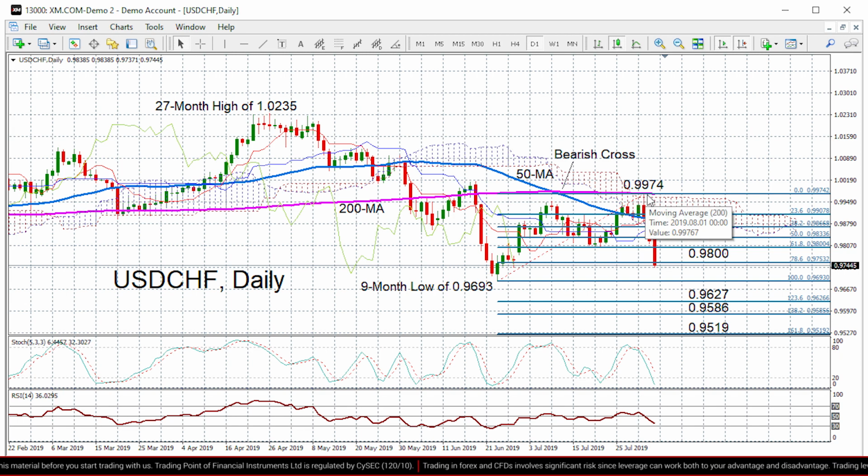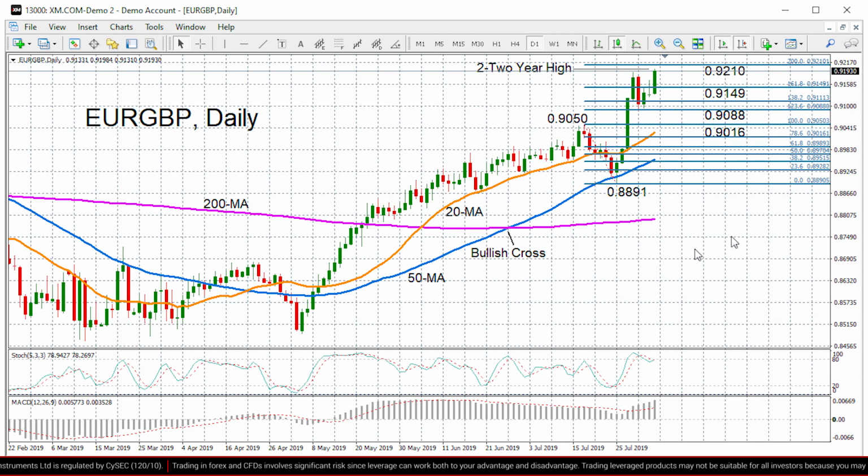And our final pair for the day, looking at the euro pound, it's a very bullish picture for the pair. Looking at the momentum indicators, stochastics, we can see the percentage K line is once again heading upwards, and the MACD histogram is strengthening further.